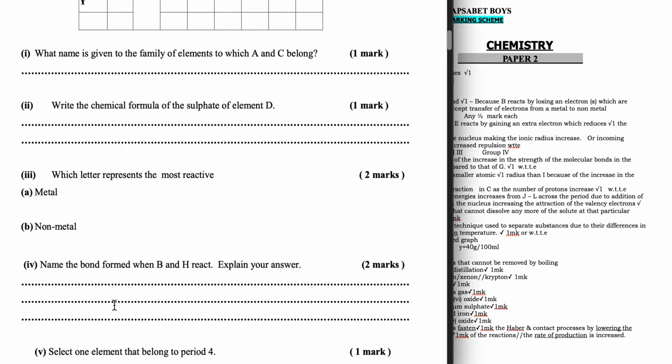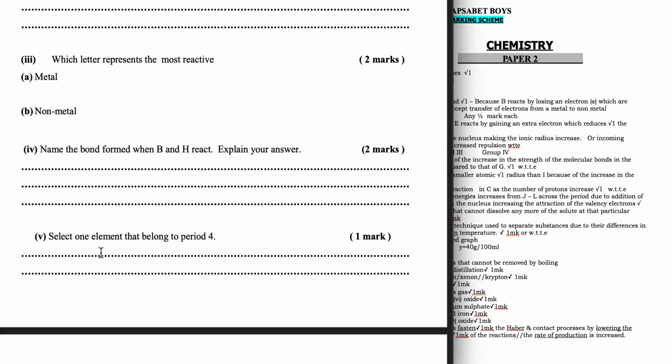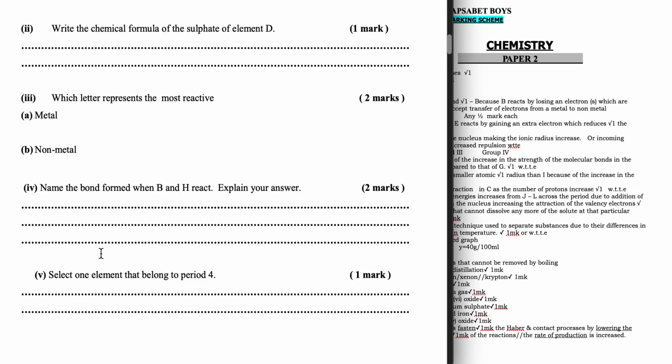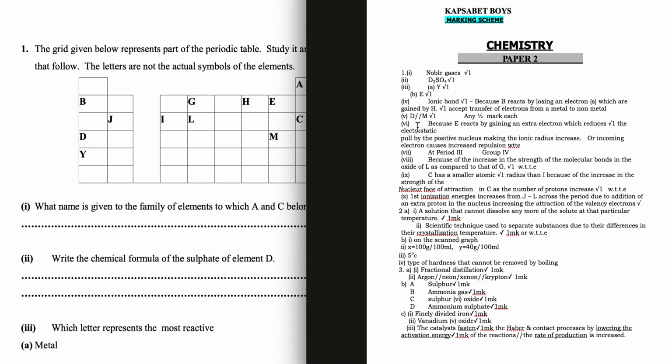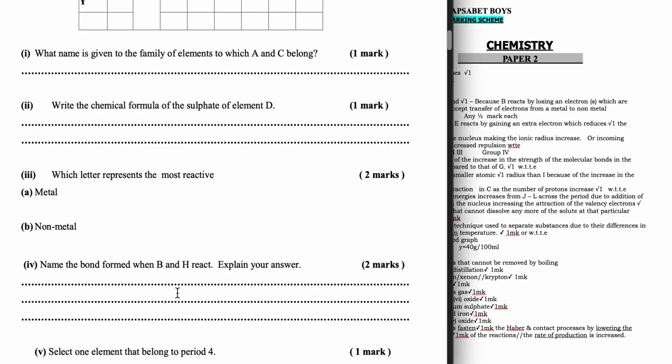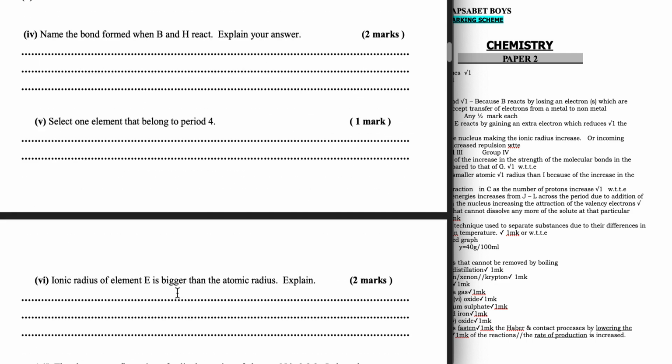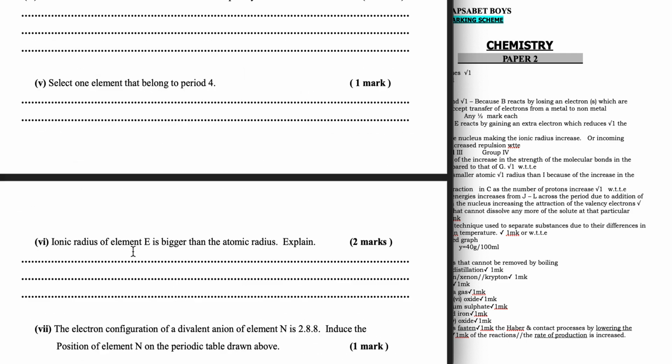Question 5. Select one element that belongs to period 4. One element here is D. You can select D or M. Ionic radius of element E is bigger than the atomic radius.